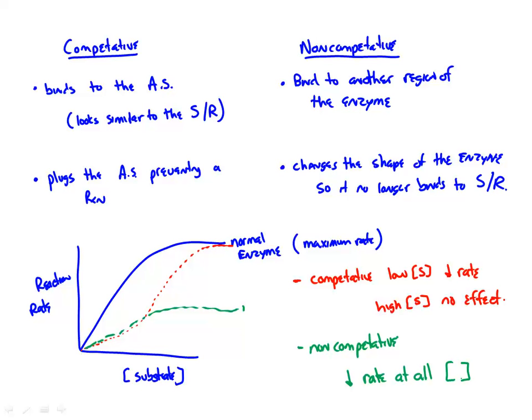And that's because it actually changes the shape of the enzyme. And so it doesn't matter how much substrate is present, once it's deactivated it can't catalyze a reaction. So inhibitors and activators tend to decrease or increase reaction rates, and they're how we control how an enzyme functions.